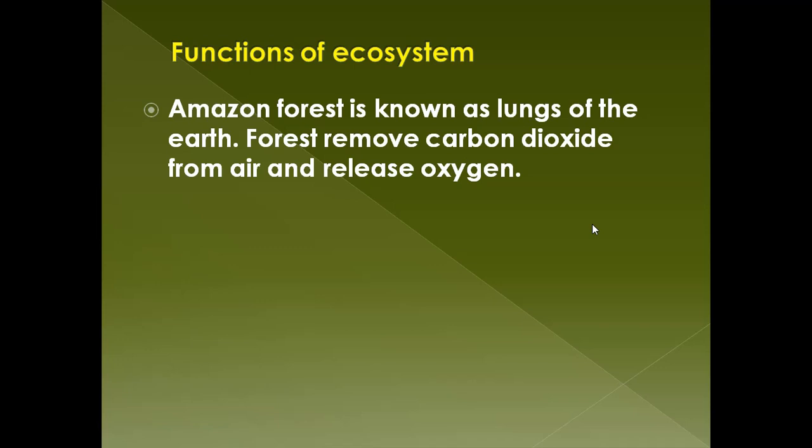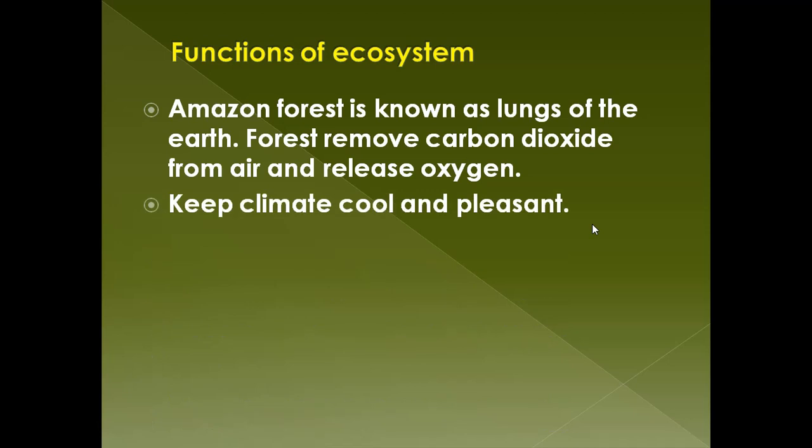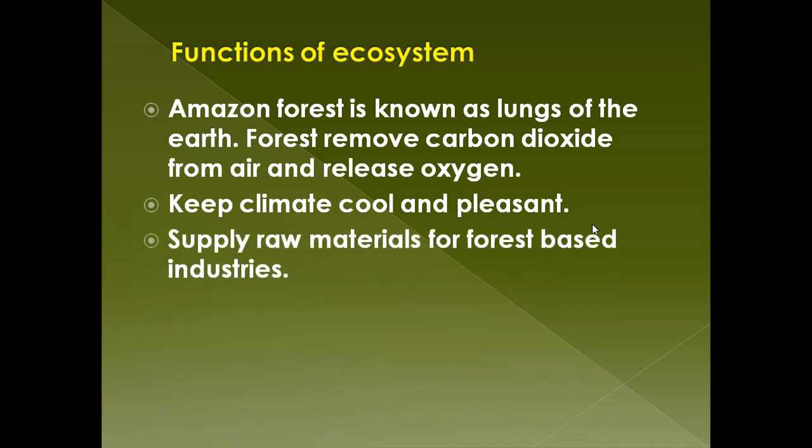From all this vegetation, oxygen is released into the atmosphere. Then the forest ecosystem keeps the climate cool and pleasant. The cool climate is due to the evaporation of water vapors from the leaf surfaces, and that is how a cool and humid atmosphere is created.